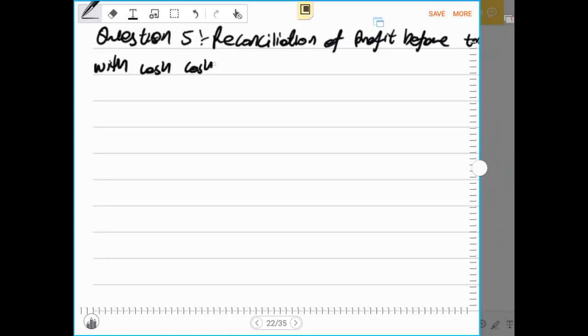That means we are removing items that are non-cash items to get to cash generated from operations.